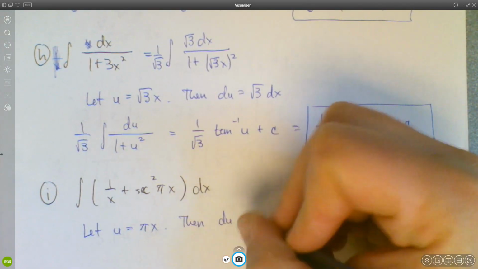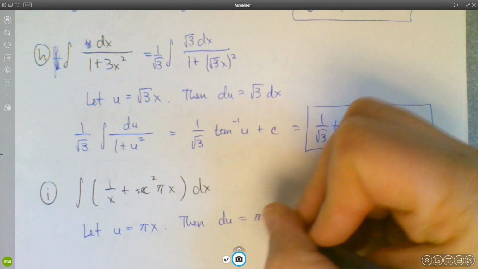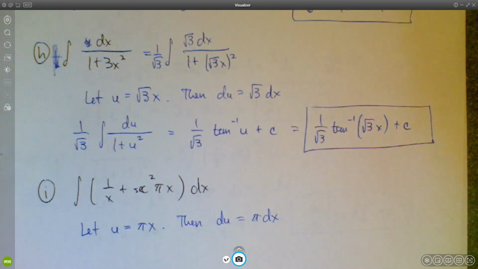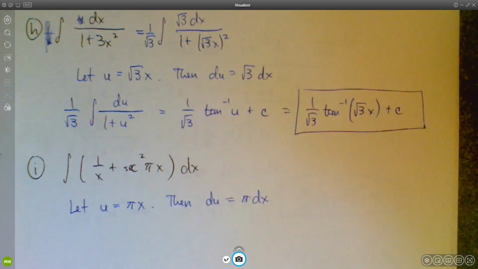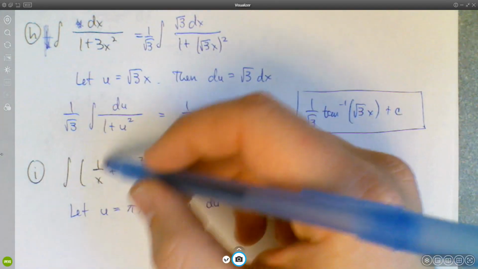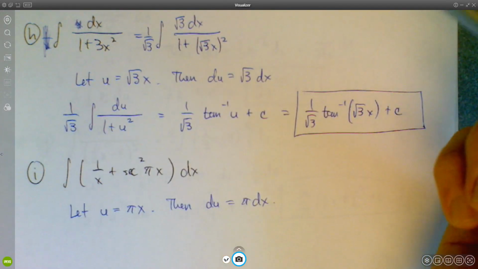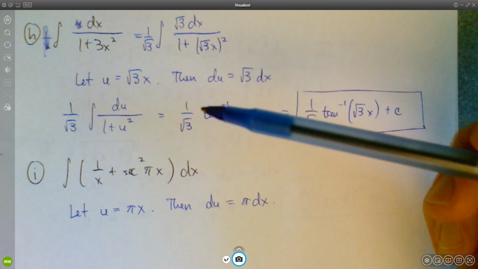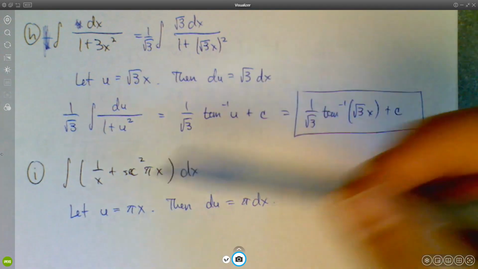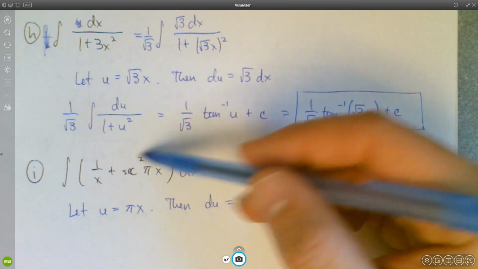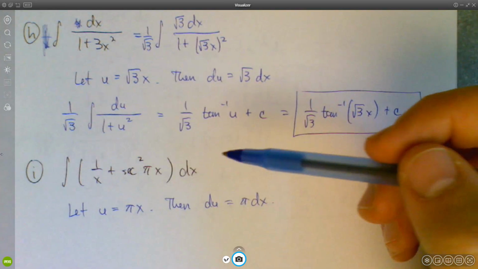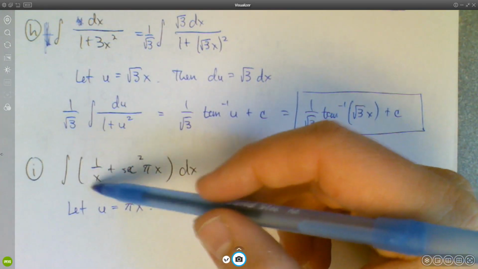Then du would equal pi dx. Now, when I go to replace all this stuff with u, I'm going to run into kind of a problem because remember, I need to completely eliminate all of my x's. So of course, this thing is going to be secant squared u. But what about this x right here?